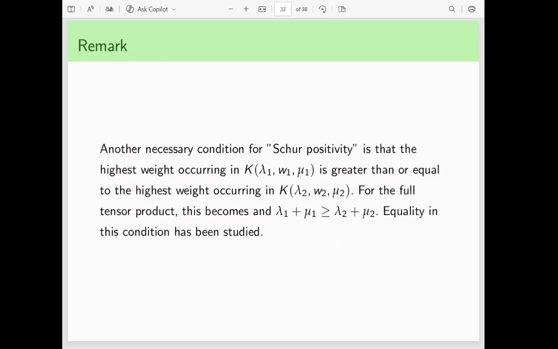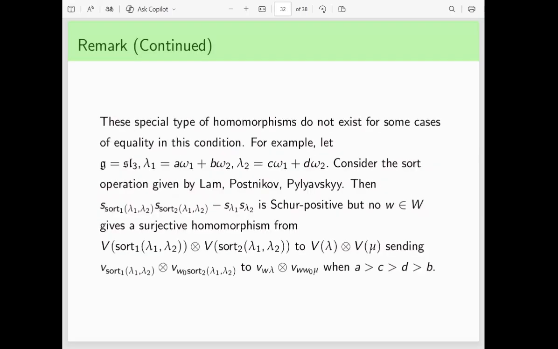So equality in this case has been studied quite extensively by Lam, Postnikov, Pylyavskyy, and Fomin, Fulton, Li, Poon, and Sasaki. But in those conditions, it seems to be kind of difficult because even for this function, which is a maximal element in many of these partial orders, there is no homomorphism which sends a generator of this kind to a generator of this kind.